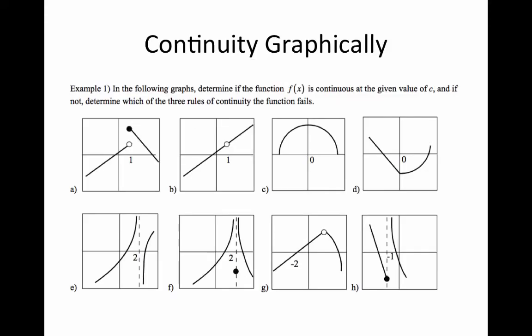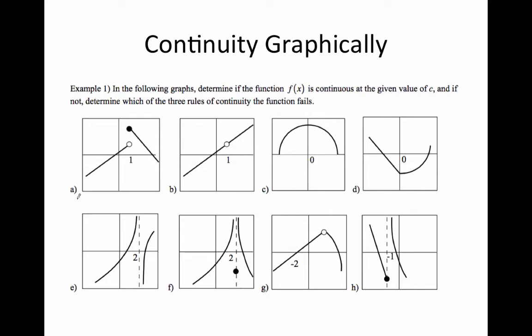Okay, let's look at some continuity graphically, just as a reminder, and look at what rules are failing for the ones that are not continuous here. So we can do this rather quickly. So graph A at 1, you can see that it's not continuous. We can still use that intuitive notion that graphing something without picking up your pencil is what it means to be continuous. But now that we're in calculus, we want to be more sophisticated about how that definition breaks down.